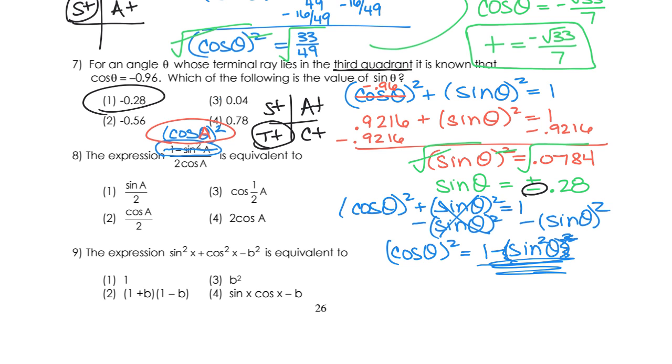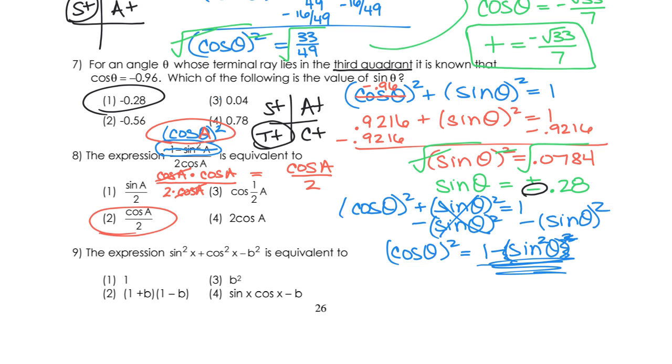If cosine of A is being squared, that really means cosine A times cosine A. On the bottom, I'm going to rewrite this as 2 times cosine A so you can see the multiplication, which allows us to cancel a cosine A from the top and the bottom. What we have left is cosine of A on top divided by 2 on the bottom, and you can see that's choice 2.